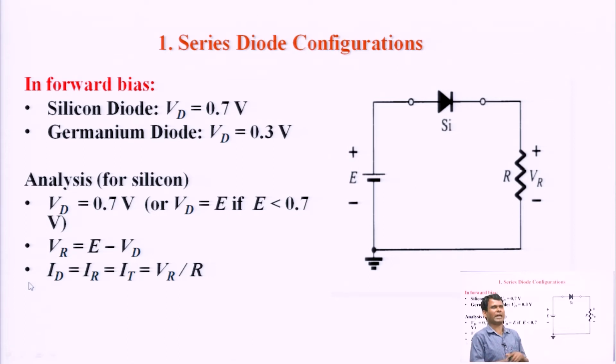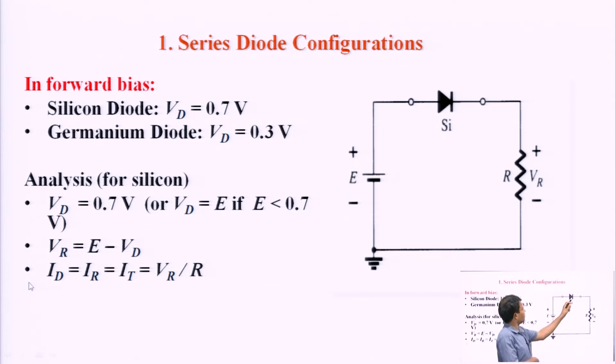But my suggestion is that in this case, we should assume the diode practical when the working voltage, meaning supply voltage, is less, and assume the diode ideal when the supply voltage is higher. Suppose, for an example, this is 10 volt.